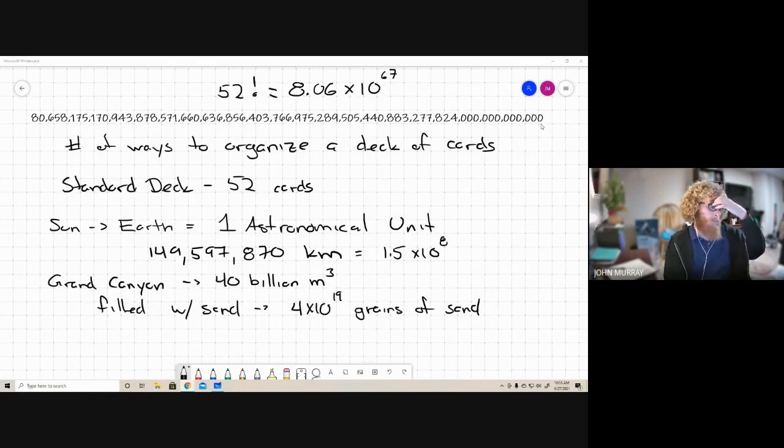So playing poker and things like that, a lot of that plays into the statistics of card games. Every time you shuffle a deck of cards, that organization of cards has never before been seen. And that's something I think is really, really cool. It really boggles the mind to think of a number that large, because we can't.